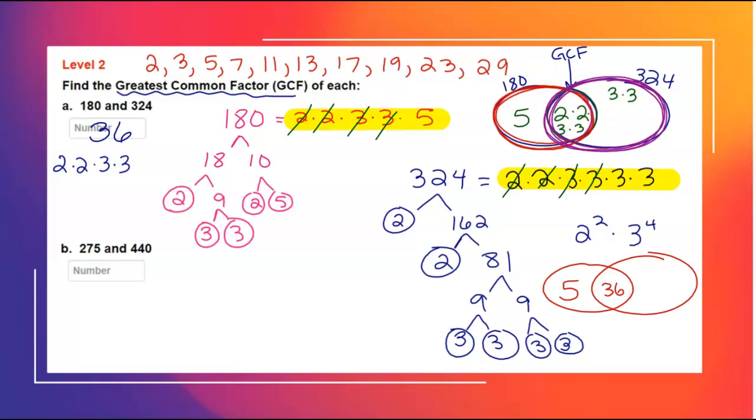So the inside is 36. We're left with 3 times 3, which is 9. So 5 times 36 here is 180, and 9 times 36 is 324. So there's ways to kind of look at that as well to make sure you're correct. The greatest common factor is what's on the inside, and the least common multiple would be all of that multiplied together.